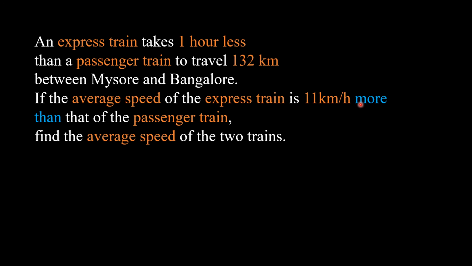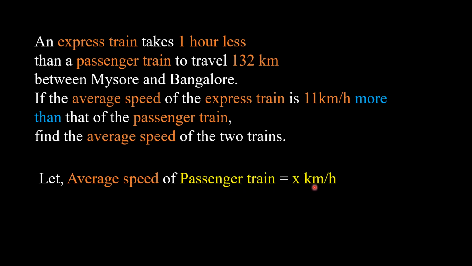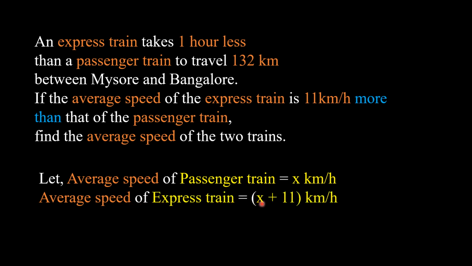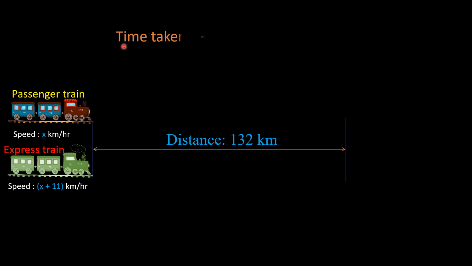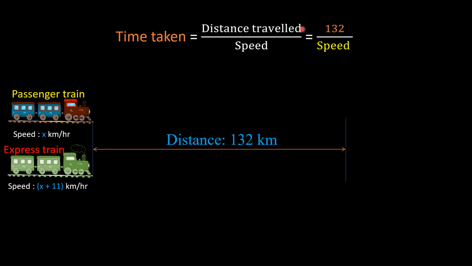So we will begin our solution by assuming the average speed of the passenger train to be x kilometers per hour, so that the average speed of the express train becomes x plus 11 kilometers per hour. In the given problem, time taken has been expressed in terms of the distance traveled and speed, which will be 132 divided by speed.